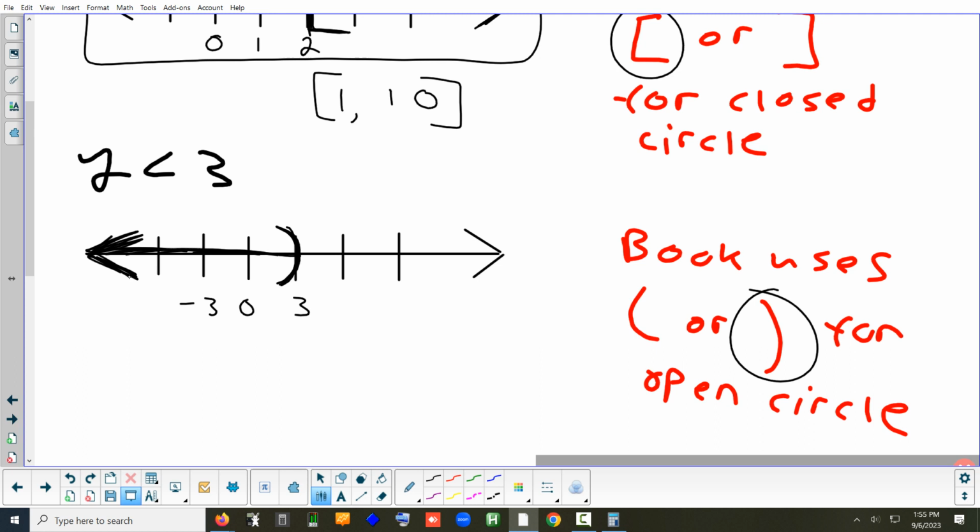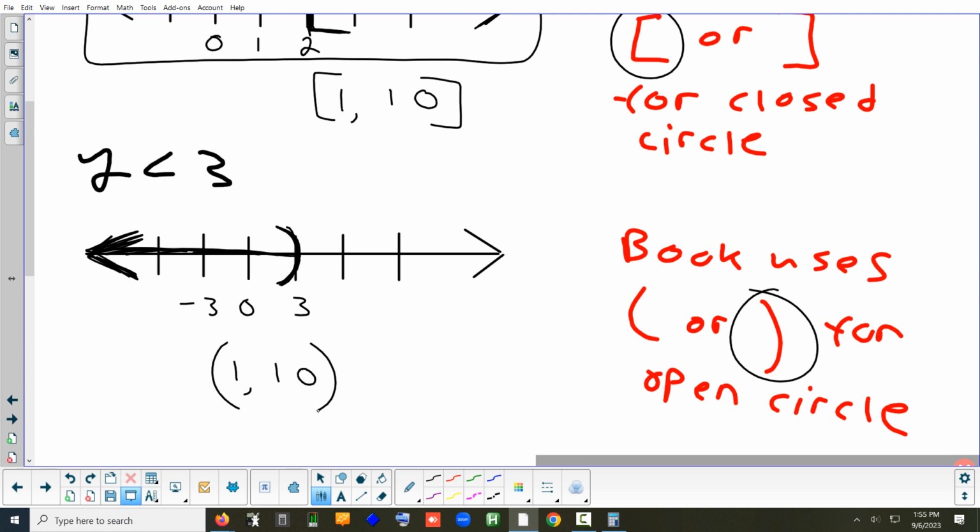Now, likewise, going back to picking a number between 1 and 10. If I said to you, pick a number between 1 and 10, but you can't pick 1 and you can't pick 10, it has to be strictly between 1 and 10. That's the lowest value you can pick. That's the highest. But you are not allowed to equal the 1, and you are not allowed to equal the 10.